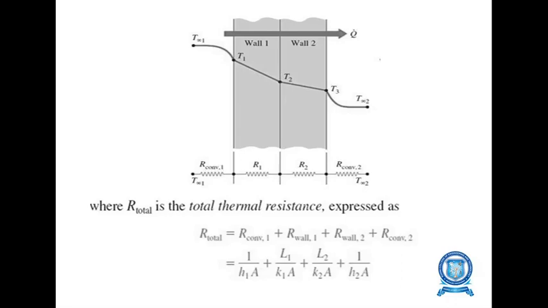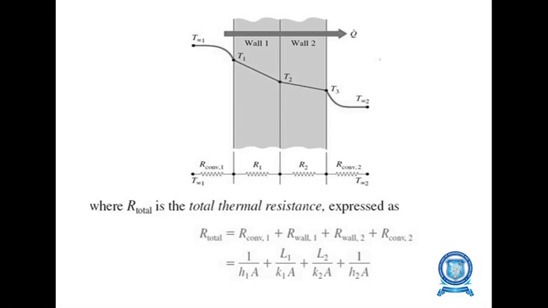Therefore, there are four resistances: two conduction resistances and two convection resistances. So R total, or summation of R, is equal to R convection 1 plus R conduction 1 plus R conduction 2 plus R convection 2.